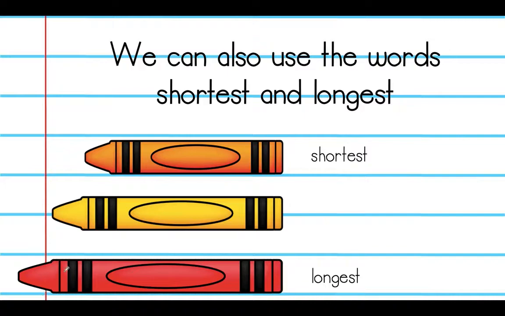The next part, we can also use the words shortest and longest. So we have shortest, again, they're all lined up this way, but we can see over here that the orange is shortest. So out of the three, the orange is the shortest, and the red is the longest out of these three crayons. Okay?